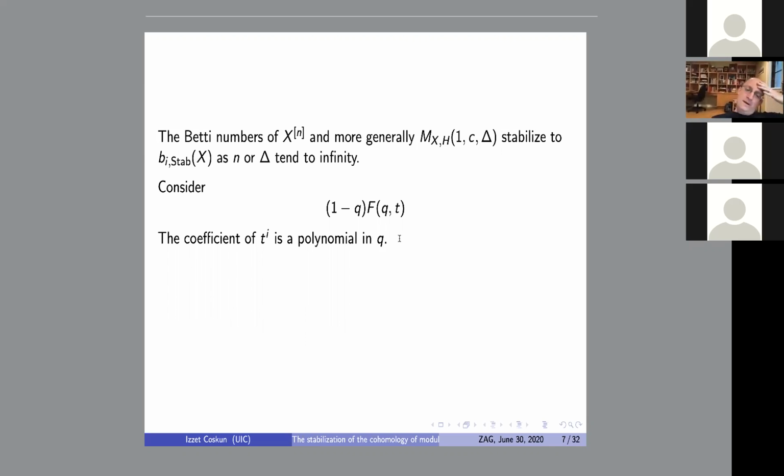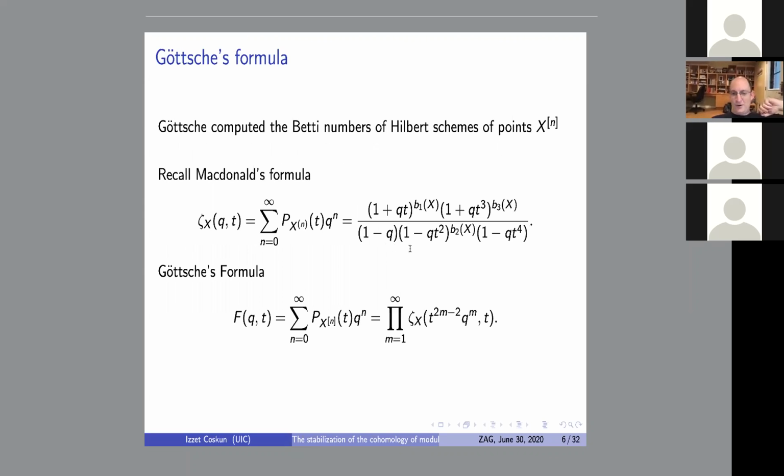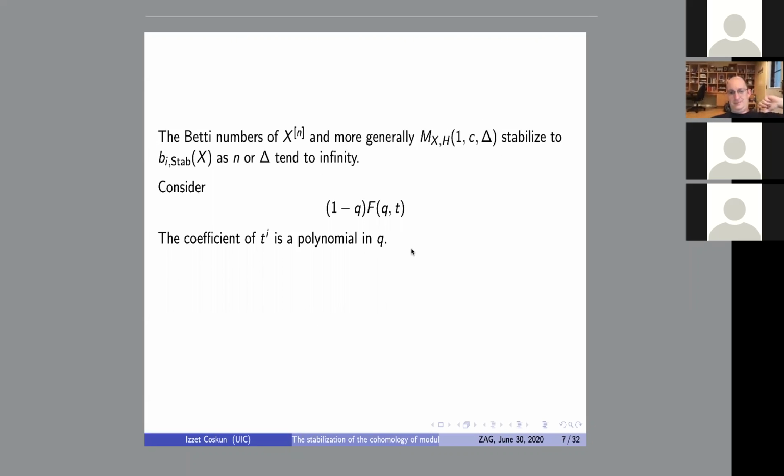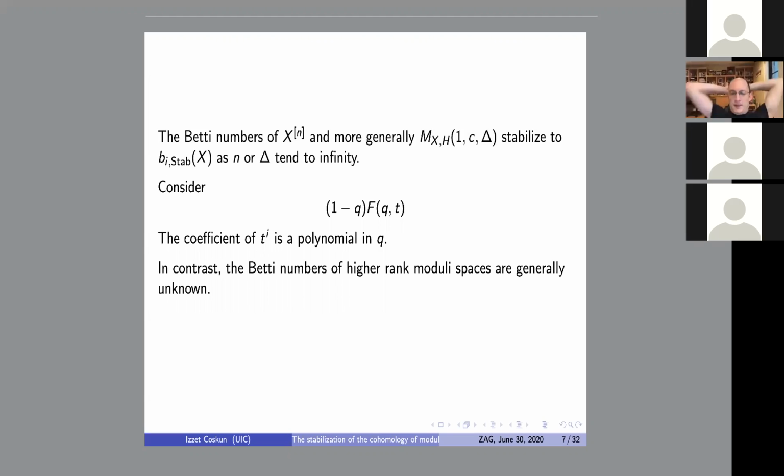In this case it's a polynomial, but more generally it will be a Laurent polynomial once we start putting in some negative powers. In contrast, we don't know the Betti numbers of high-rank moduli spaces. I think we know them in very few cases.